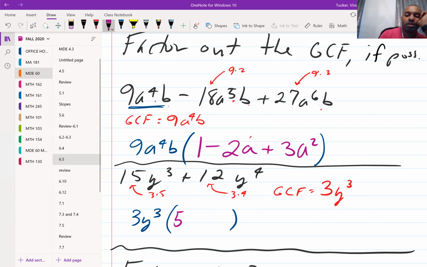Plus 4. But I also extracted y cubed, and all we had was y cubed. So 5 is all that will be in that first term. Second term, if I pull the 3 out, I'm left with 4. And I took out 3 of the y's, but I had 4 originally. So I'm left with 1 y.